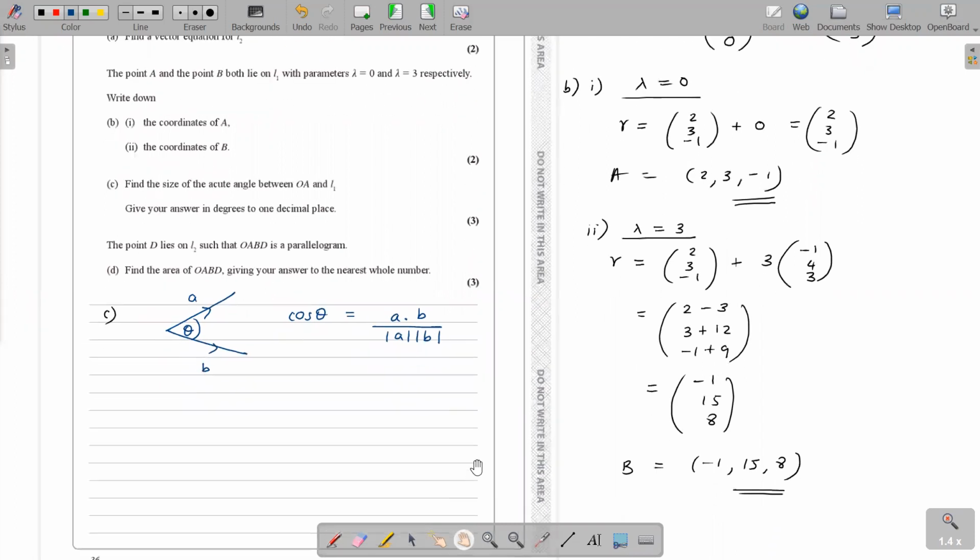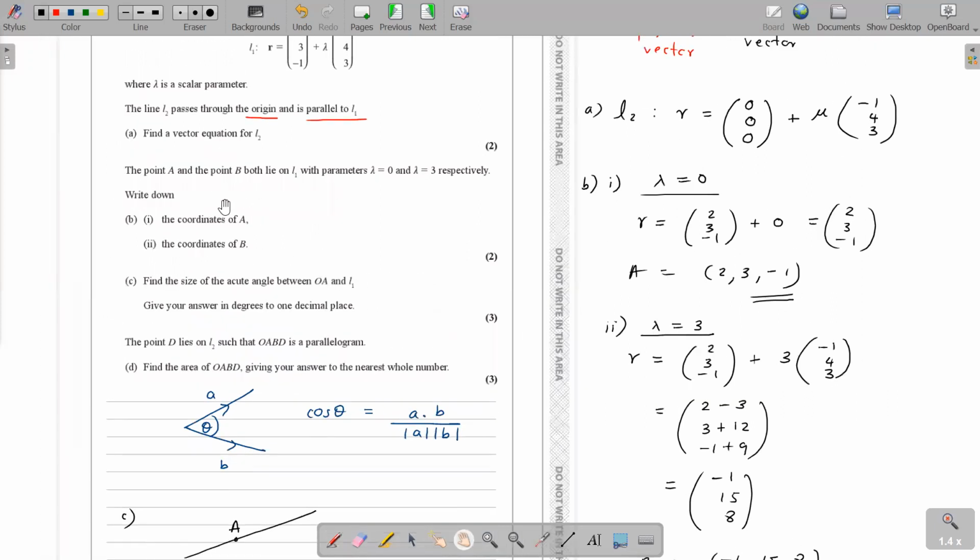However, they are asking you to find the size of the acute angle between OA and L1. Now, this is just me reminding you of the equation you are supposed to use. You do realize point A is on line 1, isn't it?